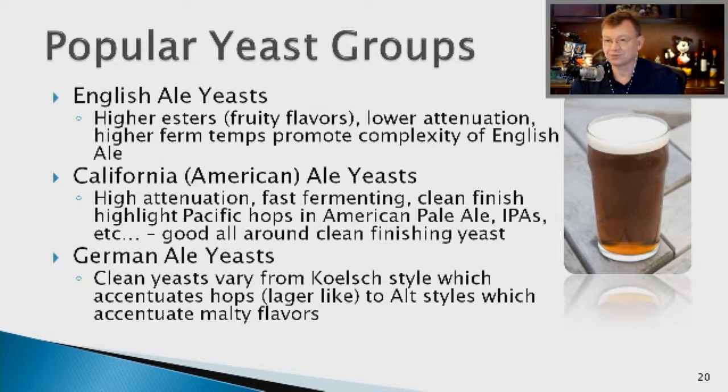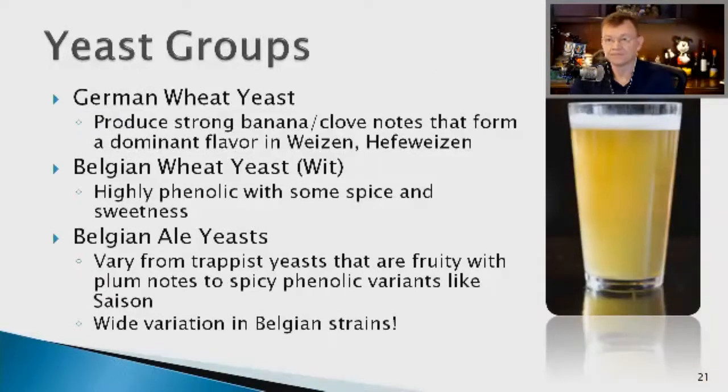German ale yeast, there's a wide variety. Kolsch is a style that's almost like a lager, super clean. To Alt, which is more accentuated towards the malty finish. German wheat yeast is a good example of a yeast that produces a lot of off flavors. Actually, what it does is it produces a huge amount of phenolics.